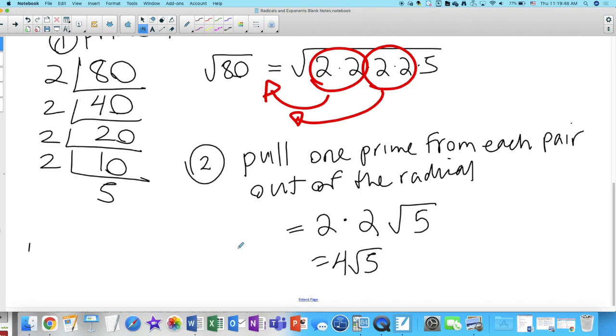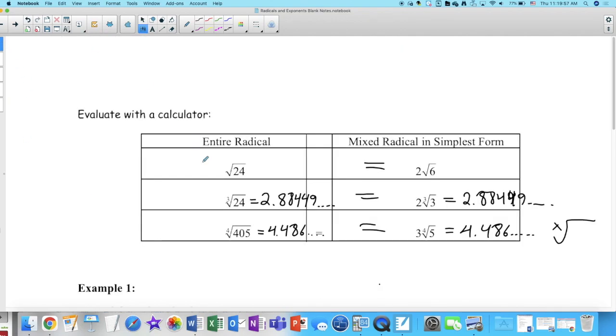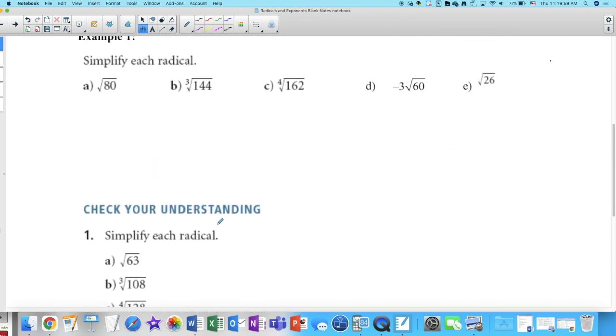Okay? All right. So I'm going to go back. We're going to try a couple more. When I'm looking at b, the cube root of 144, if I use the first method, when I was looking at the square root of 80, I wanted a perfect square factor of 80.